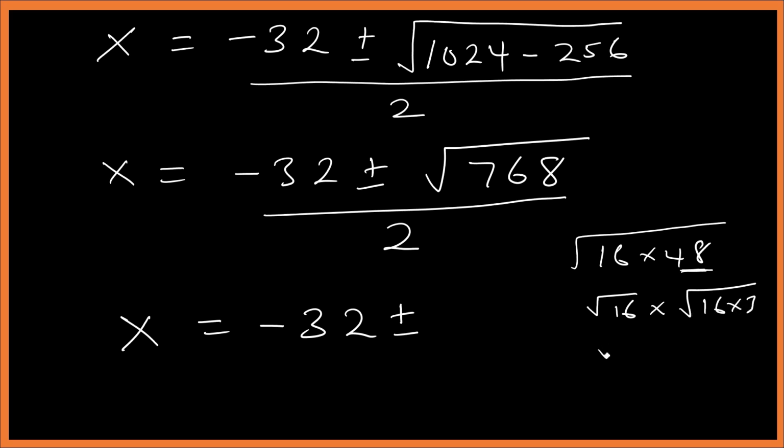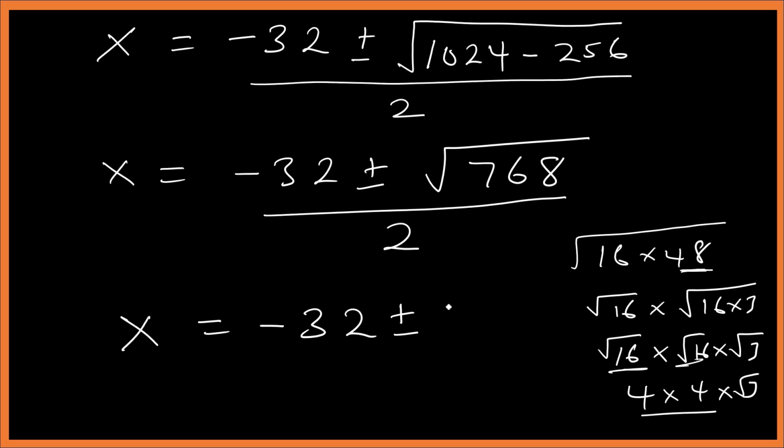So we have the square root of 16 times 16 times 3. This side is 4 and this side is 4 times the square root of 3. 4 times 4 is 16. So we have 16 root 3 on 2.